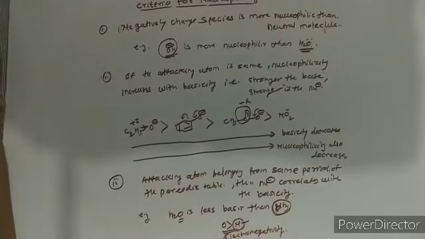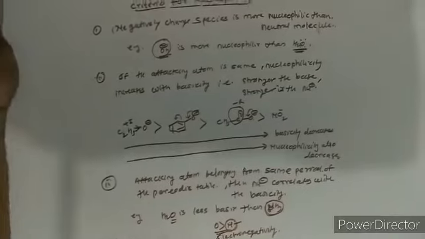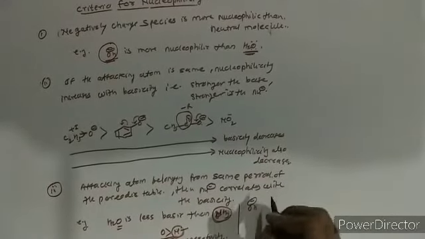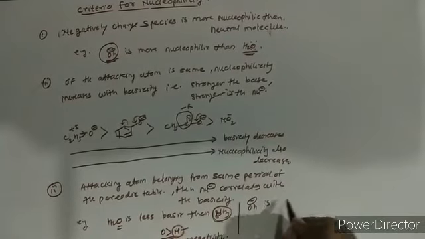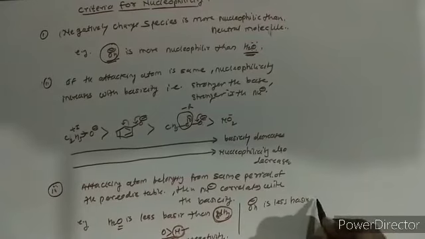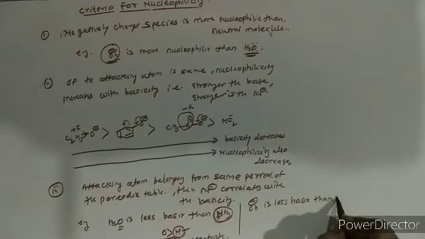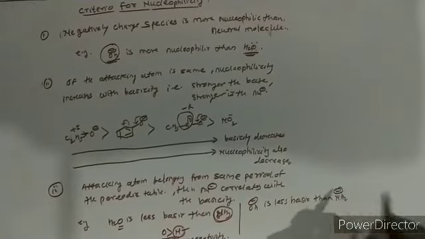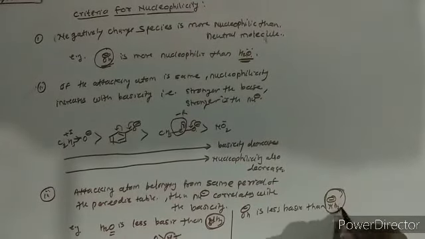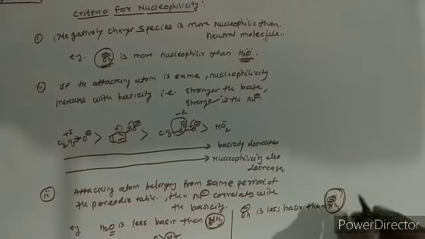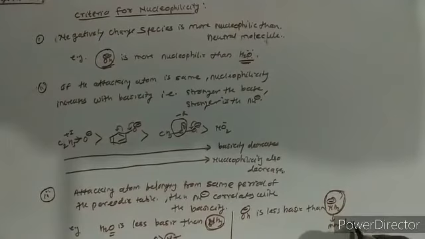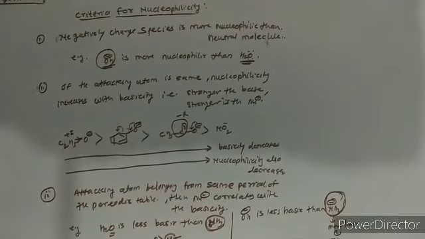Let's say another example. OH minus is less basic than NH2 minus, because NH2 minus is very unstable and tries to stabilize immediately, so it is more basic and more nucleophilic.